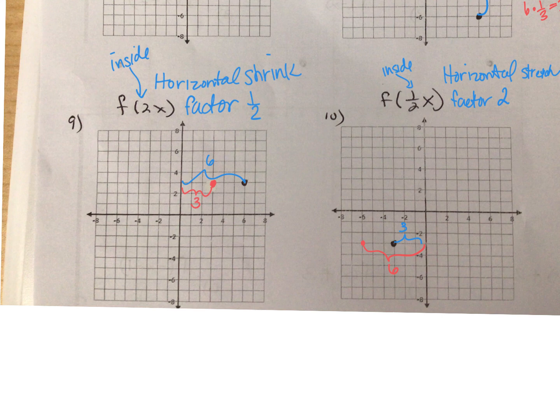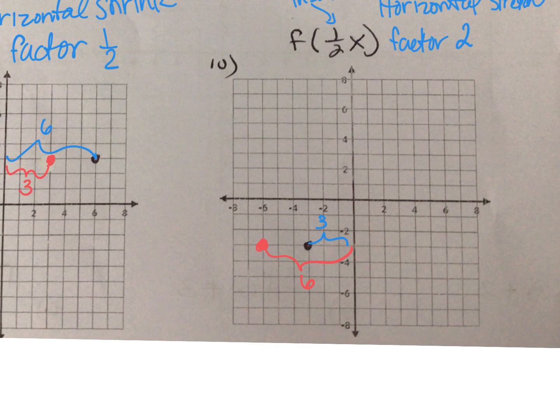The original dot is at -3, -3. The final, after we've stretched it horizontally by a factor of 2, is at -6, -3. You multiply that horizontal distance by 2, because we're stretching it twice as far away.